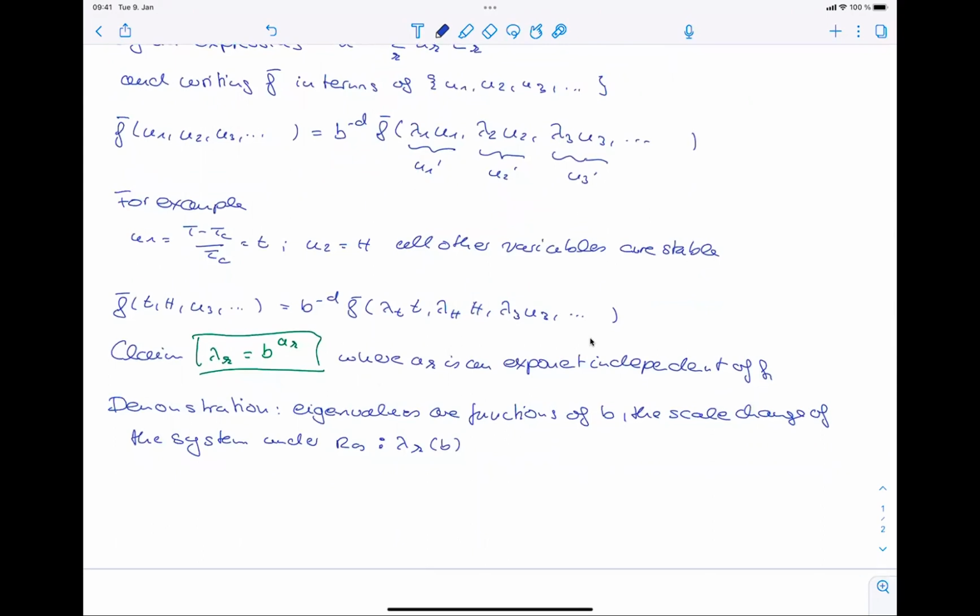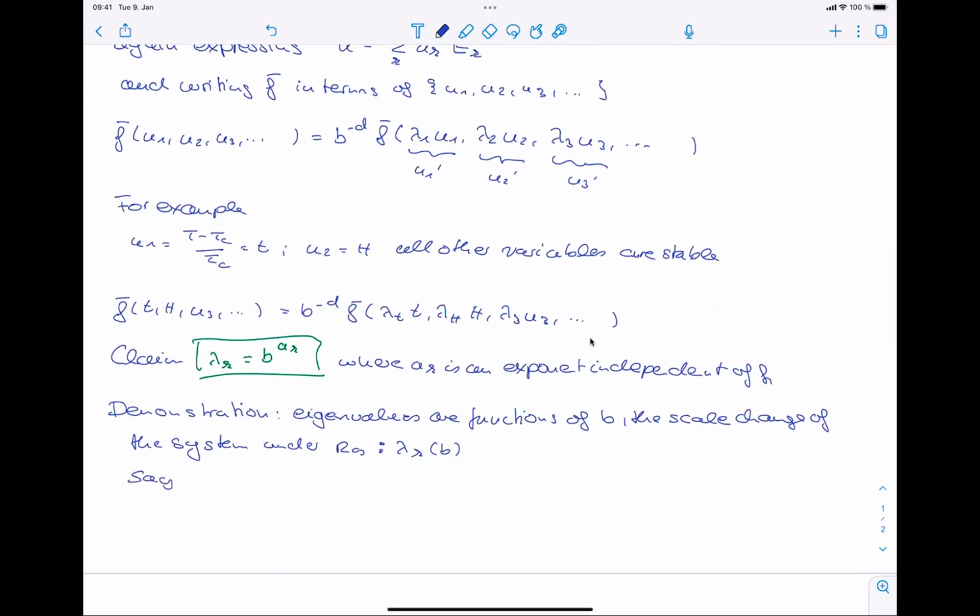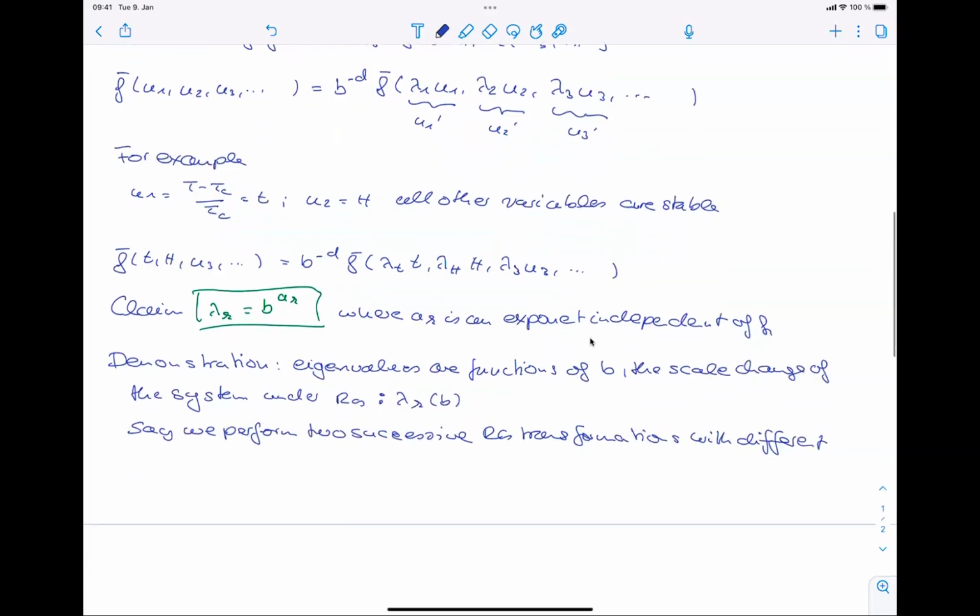Now, say we perform two successive RG transformations with different scales, B1 and B2.